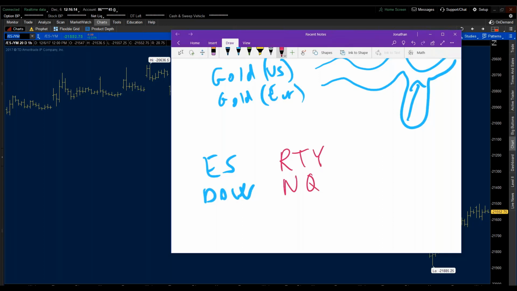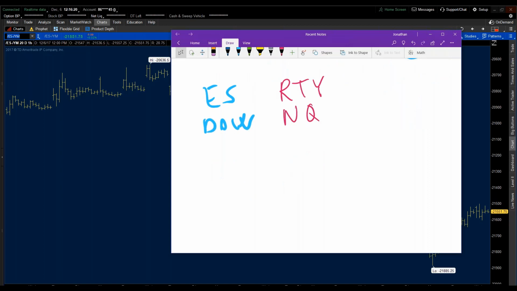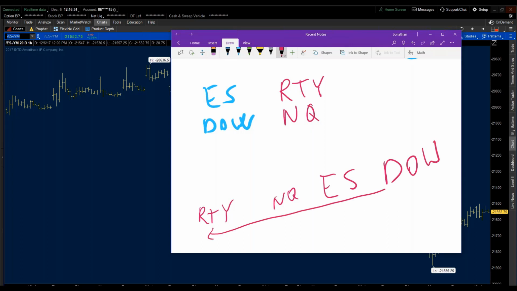When I was with a futures firm, what we did is we would look at things like this: RTY, NASDAQ, S&P, Dow. And if you'll notice, small caps all the way to large caps.